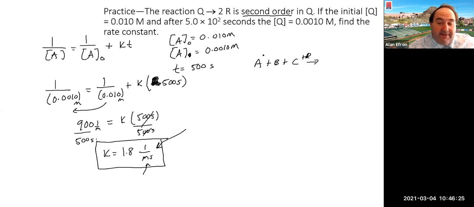If we did have something like that and they were each, say, first order, this would be a fourth order reaction overall, and that's not very common. A lot of times it's 2 reactants coming together, so maybe you get a second order, or maybe one of them is 0 order and you get a first order, or we have a decomposition reaction, which is very common.